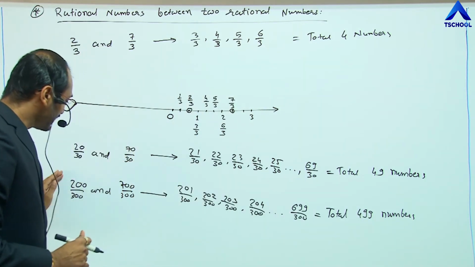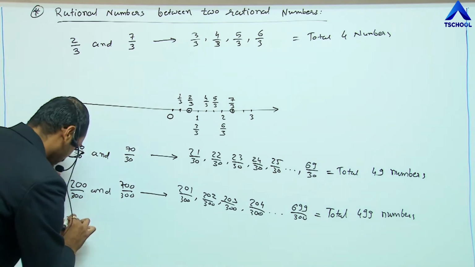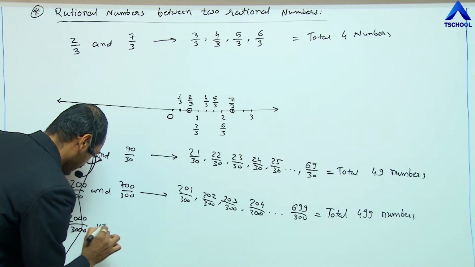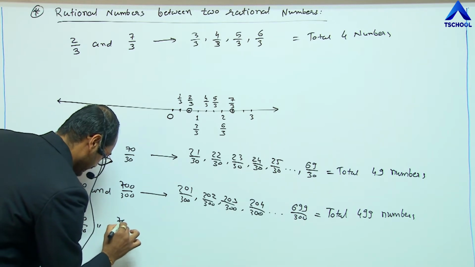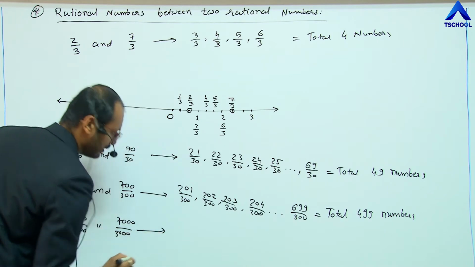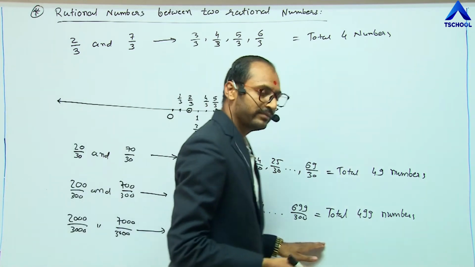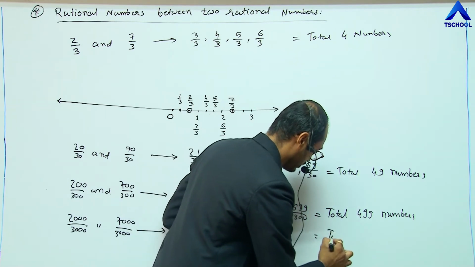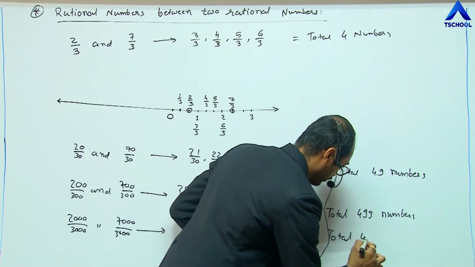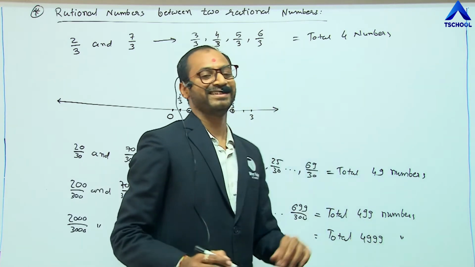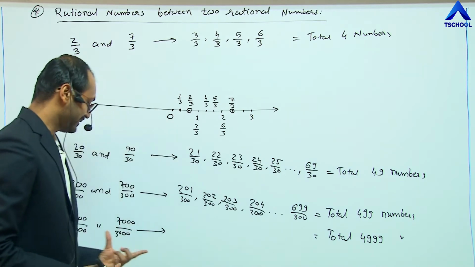If I multiply by 1000 in numerator and denominator, the same way, we get 7000 upon 3000. If we do the same series, then a total of 4,999 numbers are there in between the same numbers.